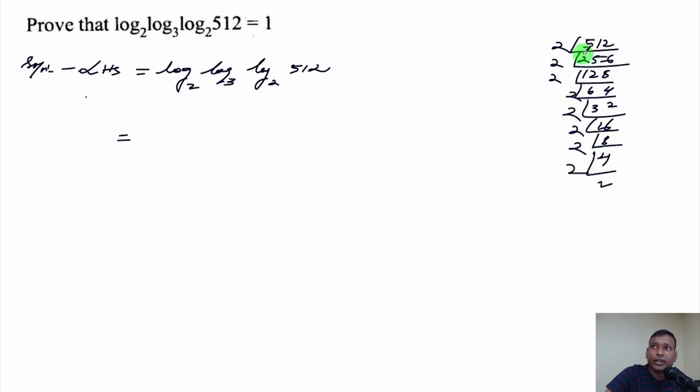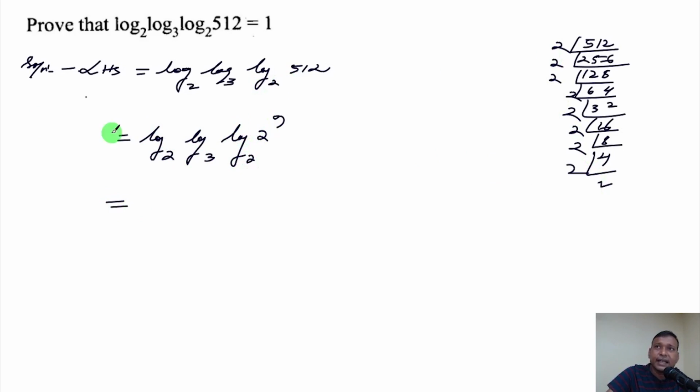So now here 512 will be equal to 1, 2, 3, 4, 5, 6, 7, 8, 9, 2 power 9. And this is log 2 power 9, yes, because 2 power 9 is 512.